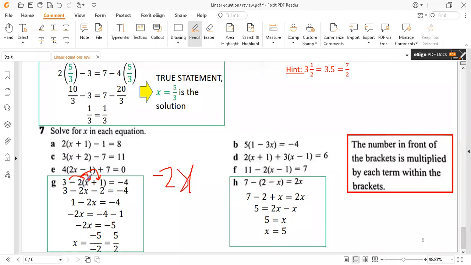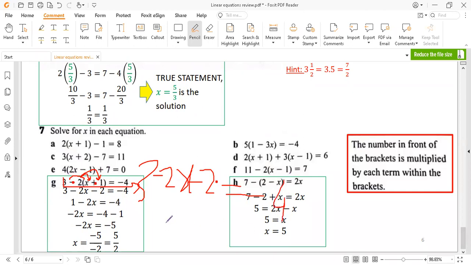We have no variable for -2, so we move on to the next one. Minus by a plus is a minus. 2 by 1 is 2. We don't have any variable in both terms, so we obtain a -2. So we have a 3 from here: -2x -2 equals -4.